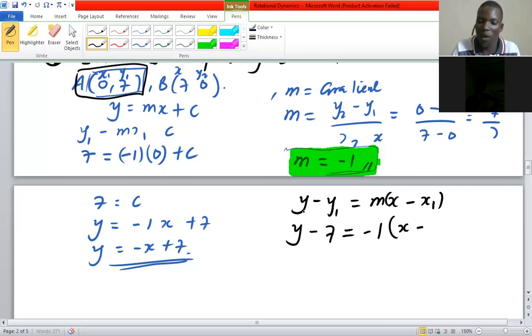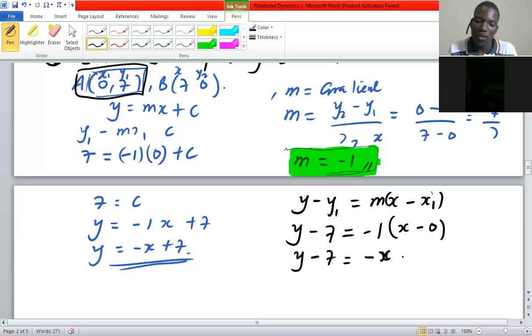Where there is y1 and x1 is where you replace. x1 is actually 0. So we have y minus 7 is equal to negative 1 times x minus 0, which is x, so it's going to be negative x.